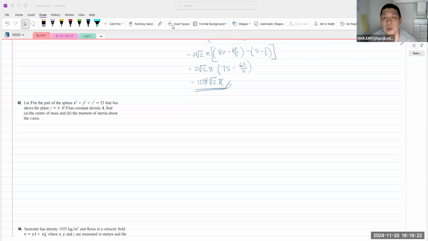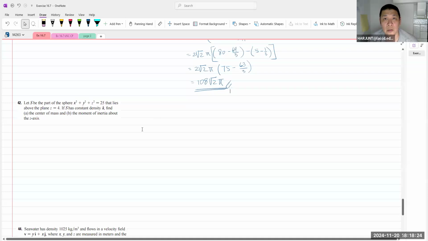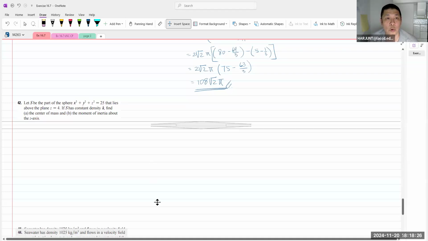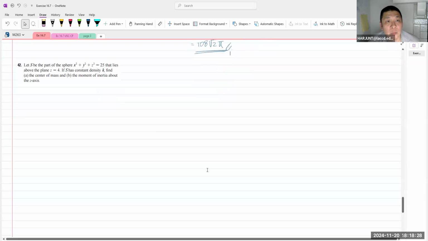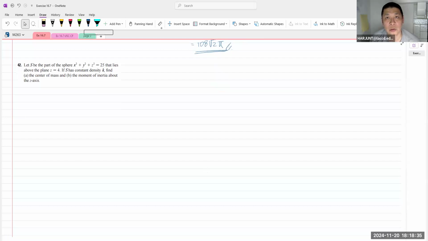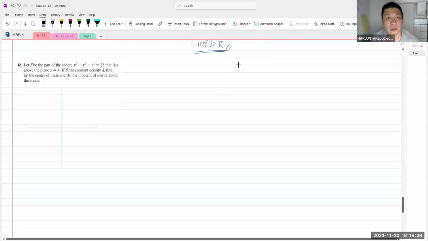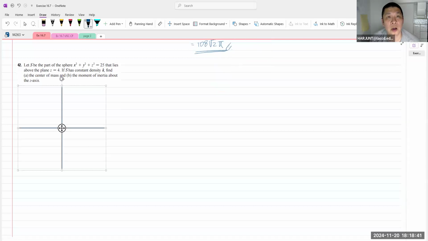Number 42. Honestly, I'm very tired. Let's do 1 or 2 more. Okay, number 42. Let S be the part of the sphere that lies above the plane z equals 4. Oh, okay. So if we have the rz coordinates, this is r squared, right?